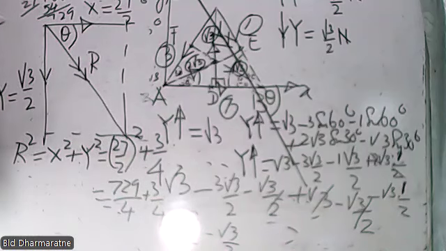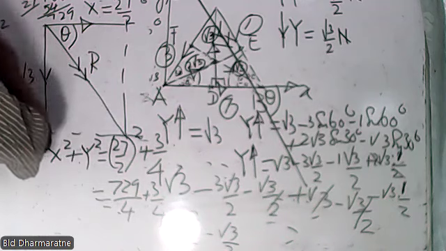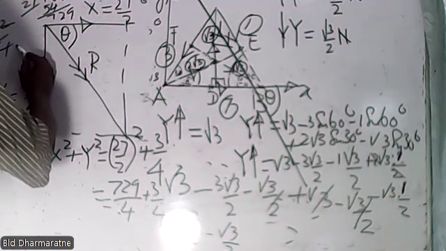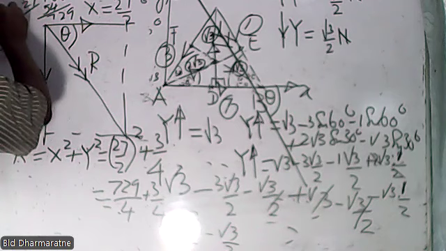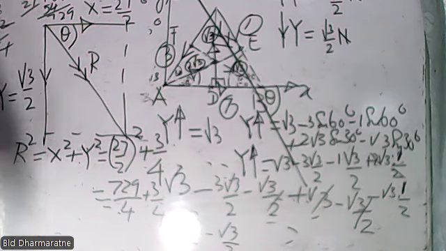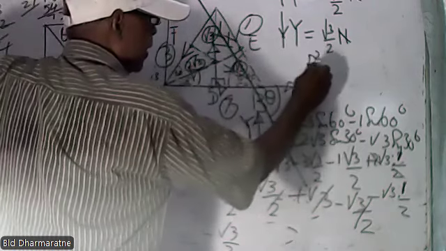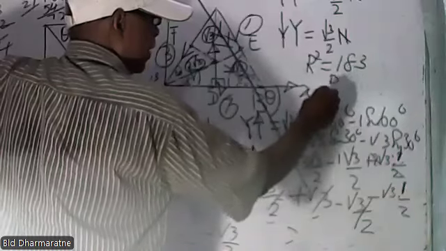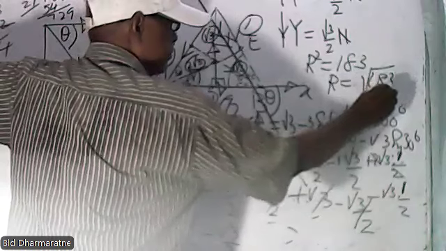How much? 732 over 4, which is 183. R squared equals 183, so R is equal to the square root of 183.